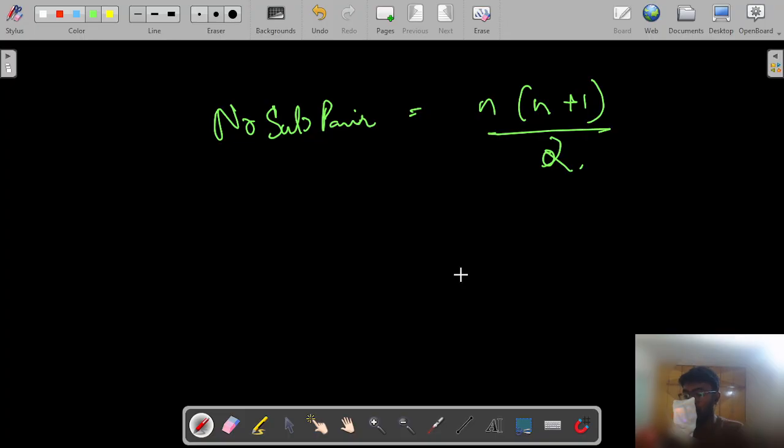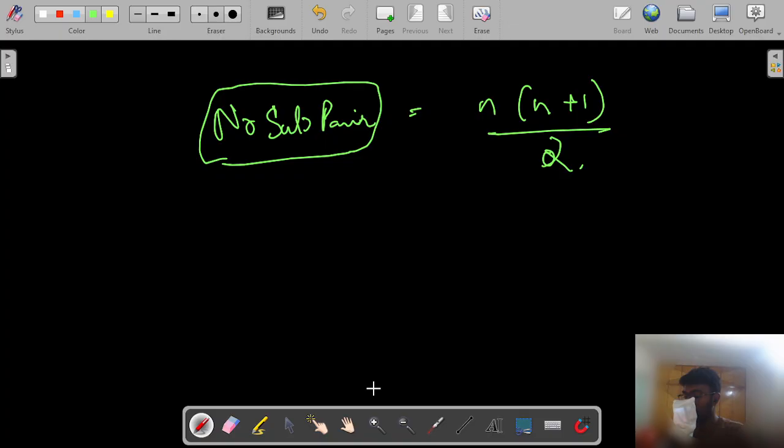That's the problem asked, and we are also given conflicting pairs, which would reduce the total number of subarrays. So we consider a subarray valid if there are no conflicting pair values.